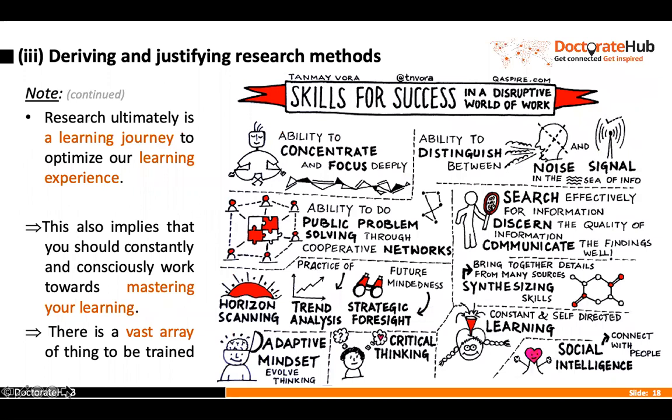And overall, it's a learning journey. So no one expects you in your doctoral study to be a master in your field, a field that you are still just about to learn about, where you build up your knowledge on the problem end, but also on the research end.